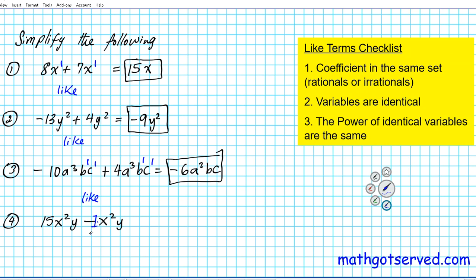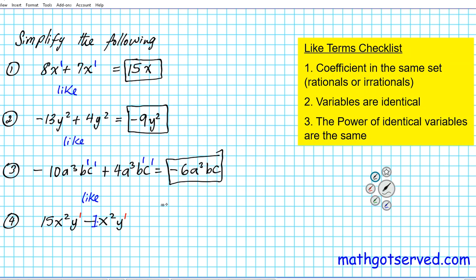All right, so negative 1 and 15 are both rational numbers, so coefficients are in the same set. Excellent. The variables xy are the same, and let's look at the powers. The x's have powers of 2, and the y's have the invisible power of 1. So 1 and 1.